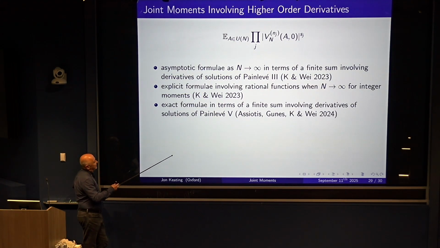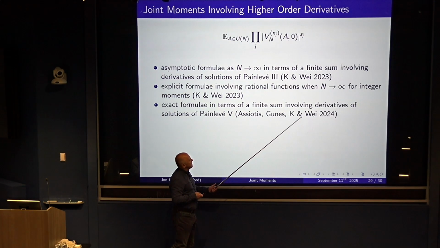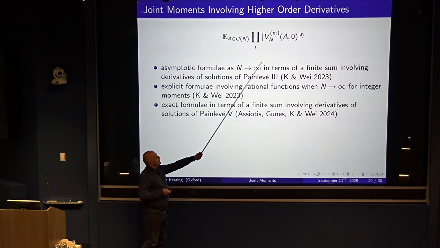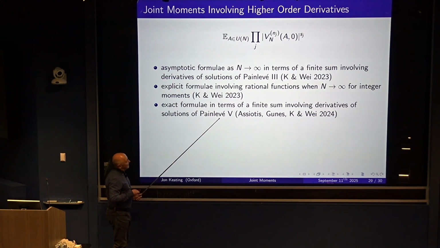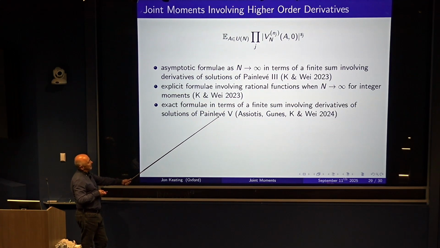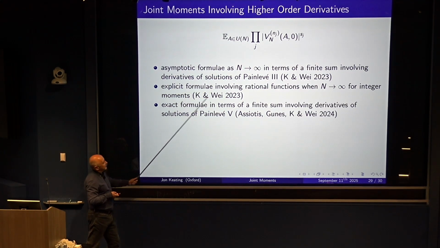More recently, with Theo Assiotis, Alpay Gunes and Fei Wei, we've been able to show that this is true not just asymptotically, but exactly. We were able to show that these generalized joint moments are all expressible exactly in terms of sums involving derivatives of solutions of Painlevé V, and then recover this formula by looking at the asymptotics of Painlevé V. So we now have two different approaches to getting the asymptotics.